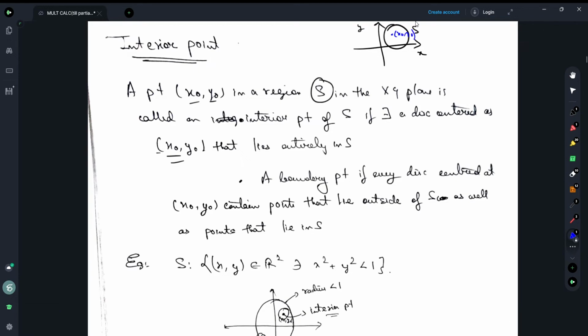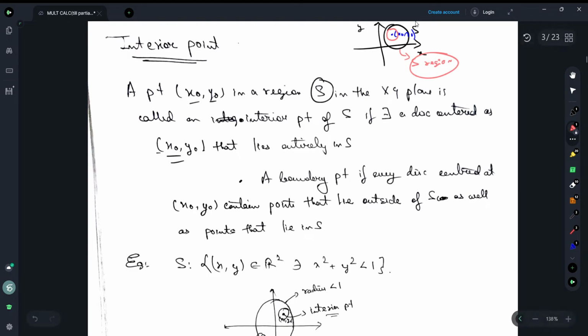Now if there exists a disk centered at x0 y0 that lies entirely in S, you can obviously see that you can form a disk centered at x0 y0 like this, and this disk is completely contained in this region S. Therefore you can say that x0 y0 is an interior point of the region S. Is it clear?